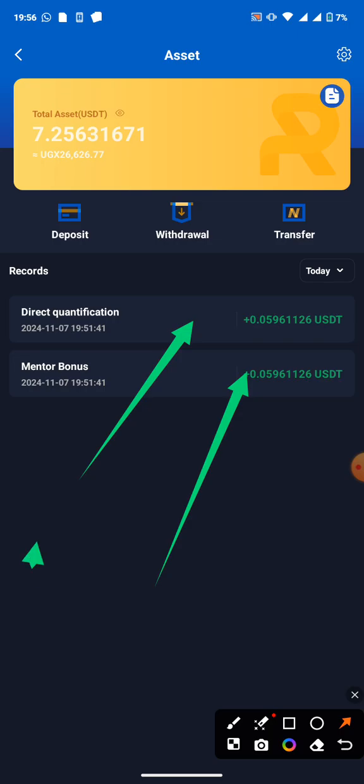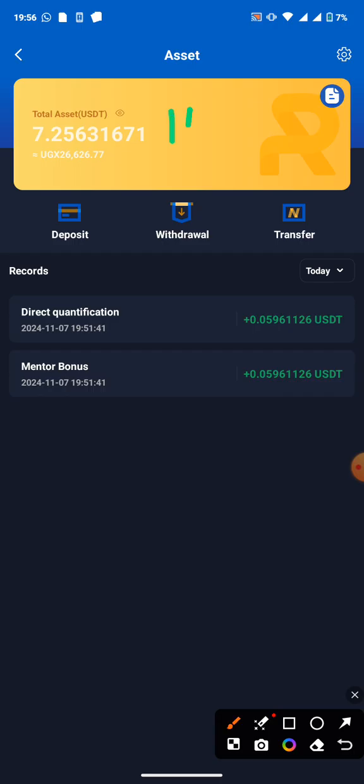So when you deposit the 140, the 140 will appear over here. When you deposit, you come under assets. You always check under assets. Your 140 USDT will appear over here.